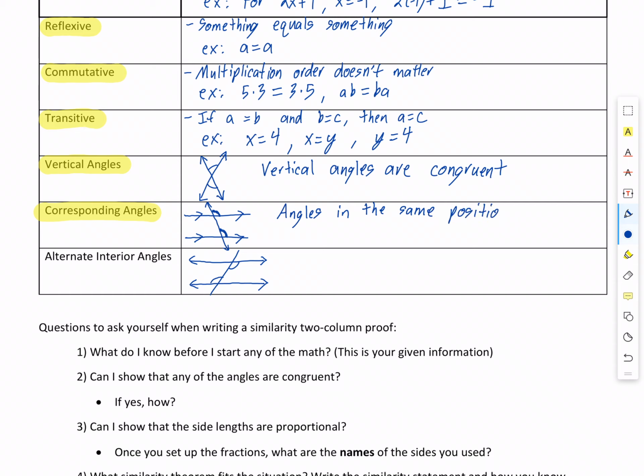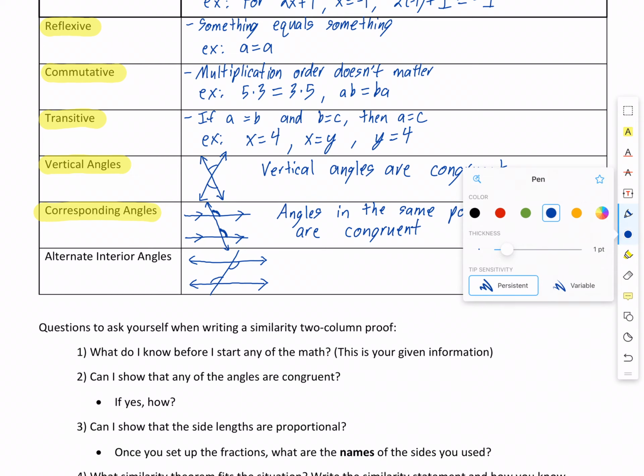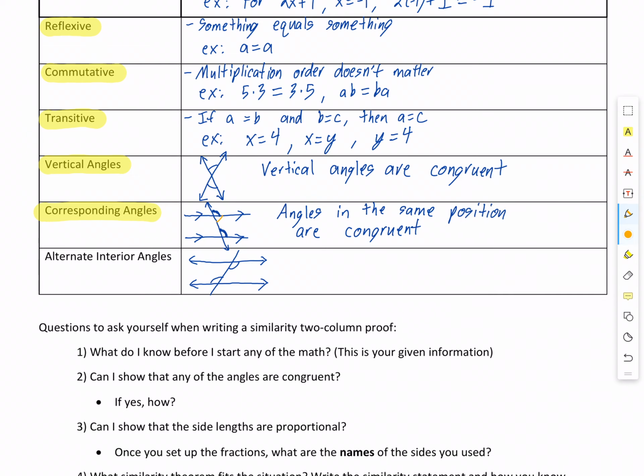And these properties are going to help us with our proofs. Those two are in the same position, so those ones are congruent. We could do an example like these two right there. The orange, what color is that? Yellow? Yeah, guess. And then we could say these two are congruent, so on and so forth.